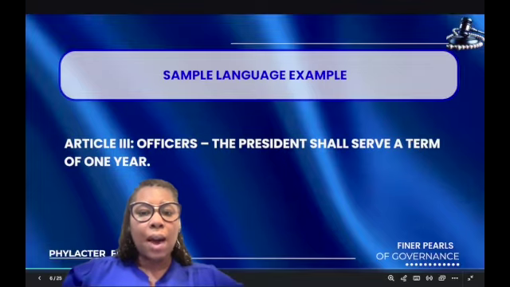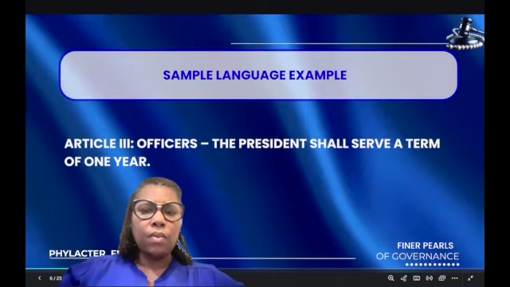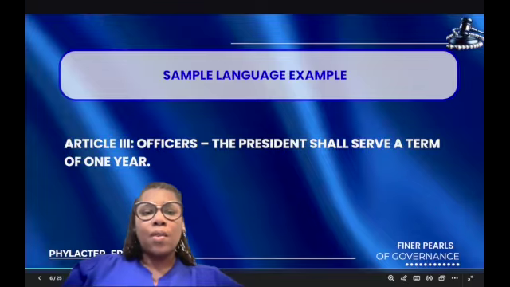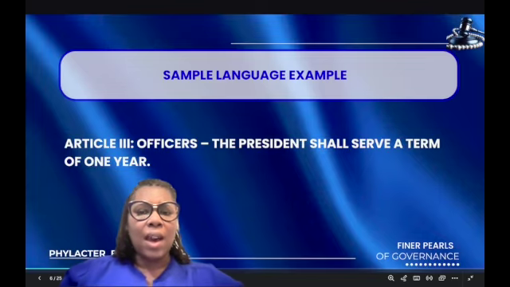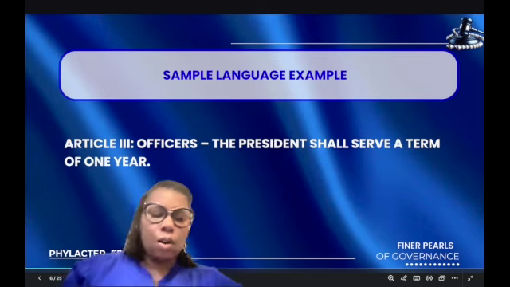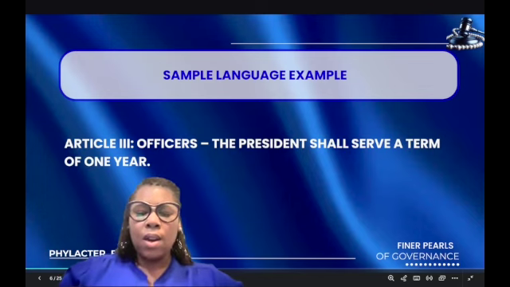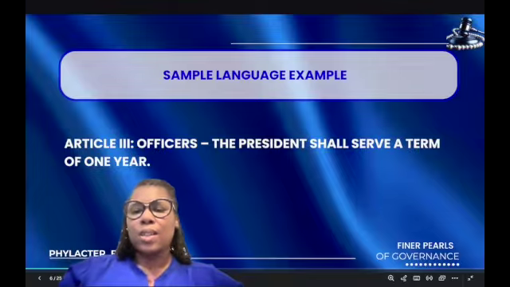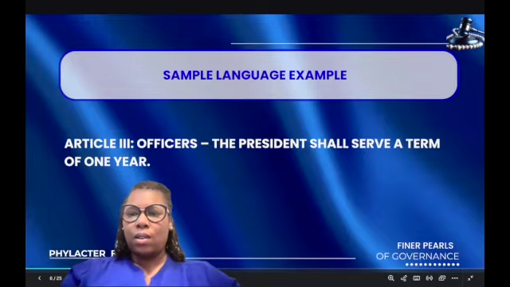So here is some sample language. Depending on how your local chapter, state, or region governs itself, you know the language that you need, so this is just an example. For Article 3, let's say it's officers: The president shall serve a term of 1 year.